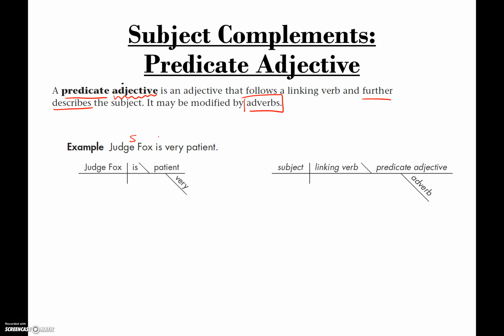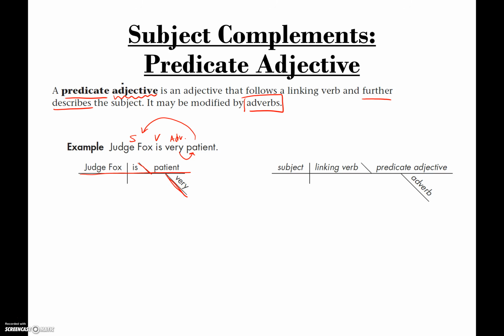Judge Fox is our subject, is our verb. Patient is describing what kind of person Judge Fox is. So because it's providing that further description, we're going to put it in the complement spot, so it comes after that diagonal. The very is an adverb here. It's describing how patient he is, so it comes on the line underneath.